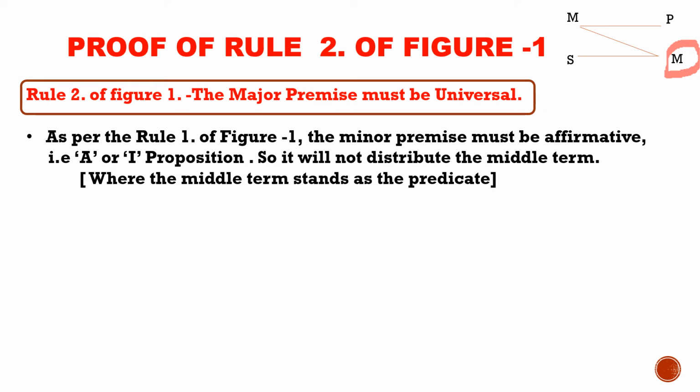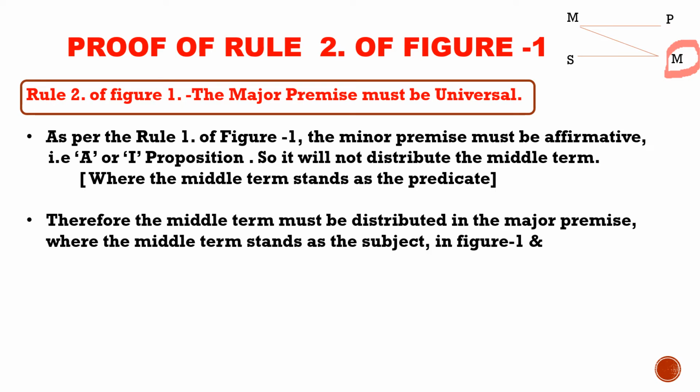So the option left is that it should be distributed at least once, no? So it should be distributed at least in the major premise. Okay. So in the major premise, the middle term must be distributed, but in the major premise, the middle term stands as the subject of that proposition.